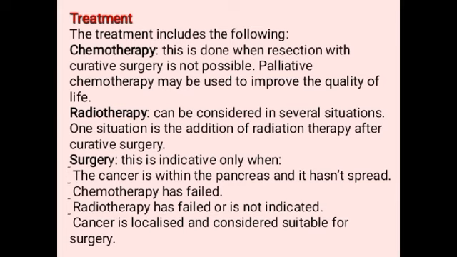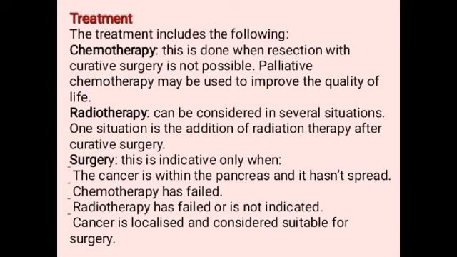So what are the possible treatments that can be used? The first one is chemotherapy. Chemotherapy is the administration of drugs, an aggressive treatment used to treat the cancer cells or to eradicate their presence. So we're saying that it can be done when the resection, which is the removal of the lesions or the cancer at the pancreas, cannot be done.